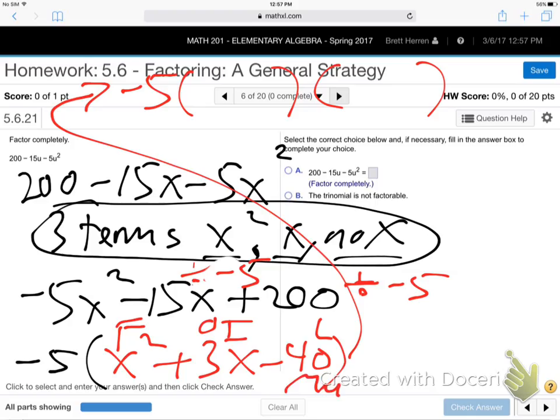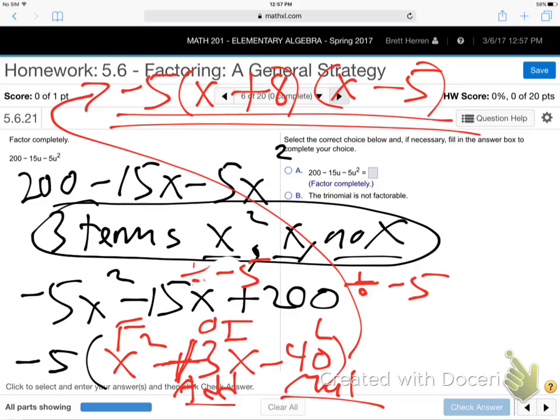Remember, they have to multiply to be the number at the back and add to be the middle. What times what is 40? 8 and 5. Sign in the middle goes on the bigger. Plus 8 minus 5. Everybody see that? Is that making sense for you?